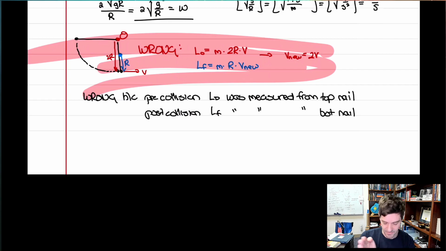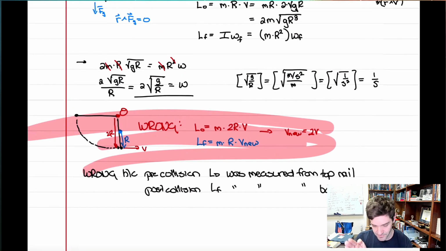And this shows how you can result in nonsense when you do that. Because since you changed the origin, the value of the angular momentum changed in that context. So you would not expect angular momentum to be exactly the same because you're doing two different problems on both sides of that equal sign. So again, remember that you have to use the same origin pre and post collision when you measure things from.